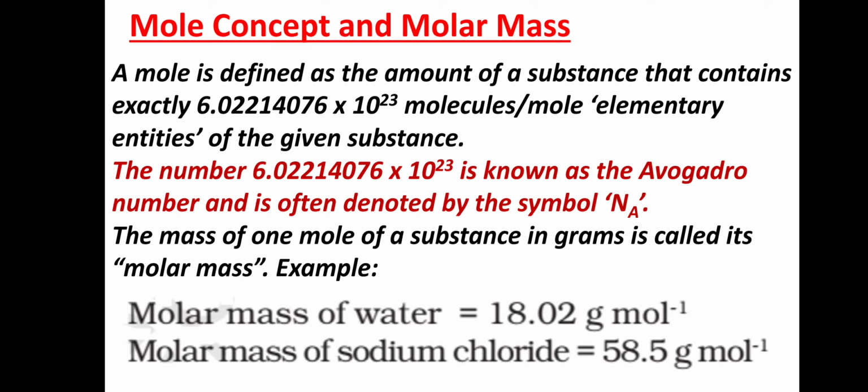Now, knowing that 1 mole of carbon weighs 12 grams, the number of atoms in it is equal to 12 grams per mole divided by the atomic mass of the carbon-12 atom as determined by the mass spectrometer, that is 1.992648 × 10^-23 grams per atom.